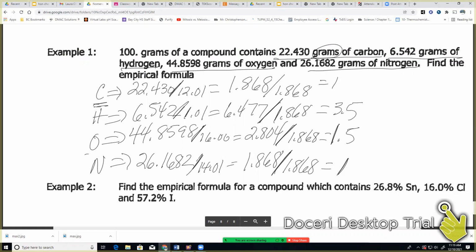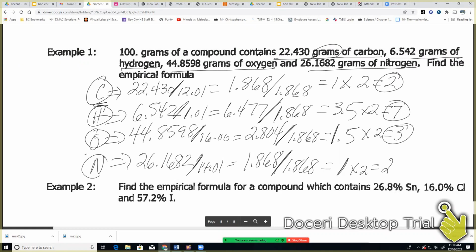What can I multiply them by to get them to a whole number? 2. I have to do that for all of them. So even though the ones were good, you still have to do the same thing to all the numbers. So I got 2, 3, 7, and 2. Now I have my nice numbers.